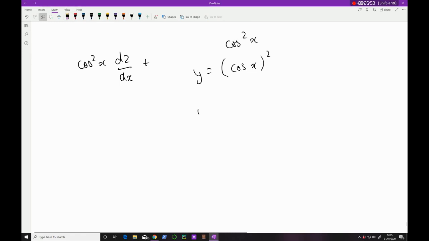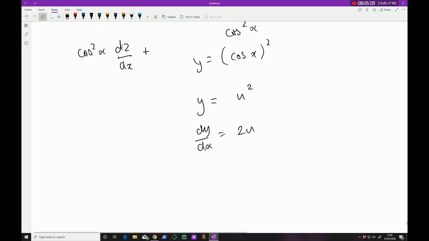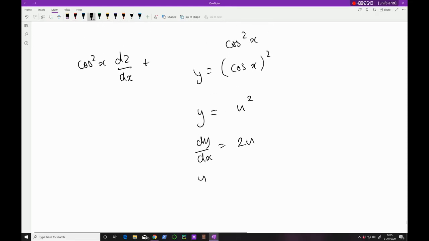So y equals u squared, so dy by du equals 2u. That's all right. And then my u equals cos x, so du by dx equals minus sine x.